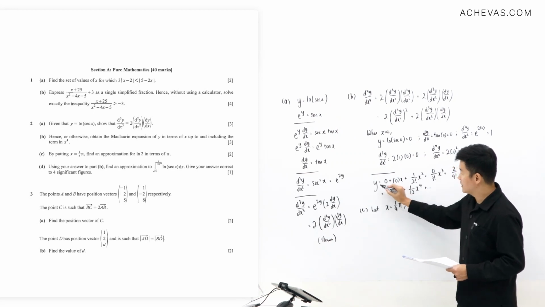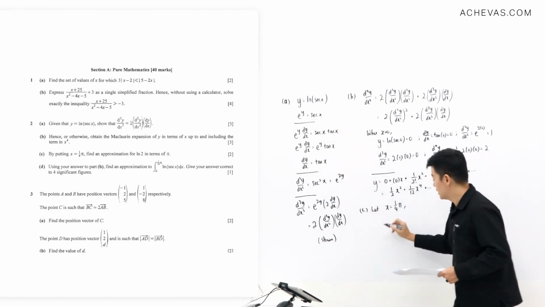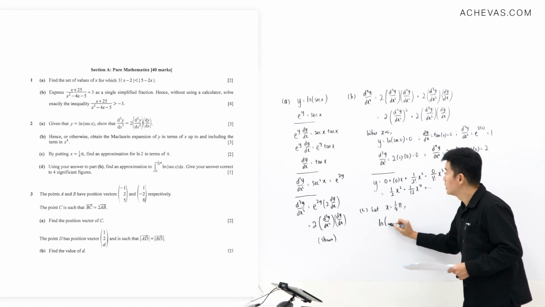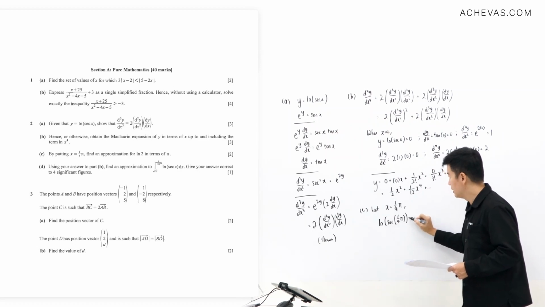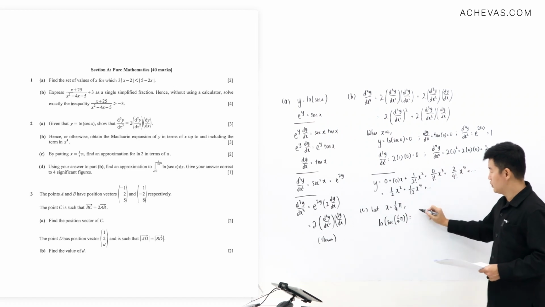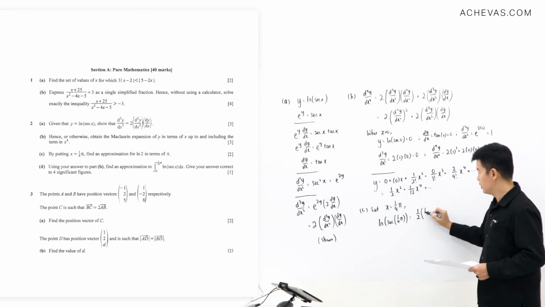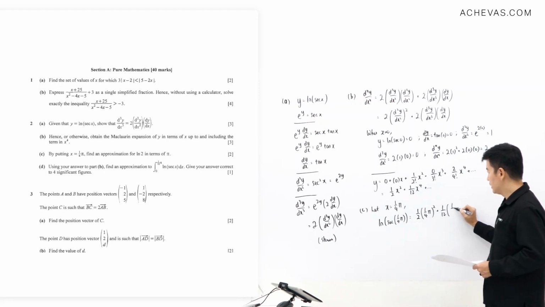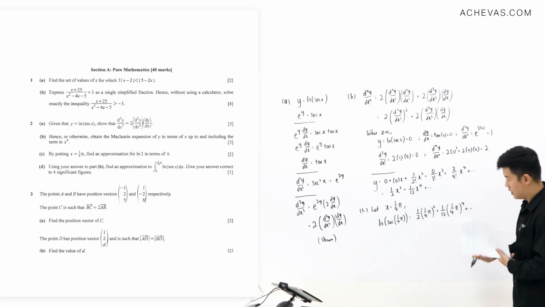So substituting this into the left-hand side, it is going to be ln secant 1/4 π, equal to 1 over 2 times (1/4 π) squared plus 1 over 12 times (1/4 π) to the power of 4.